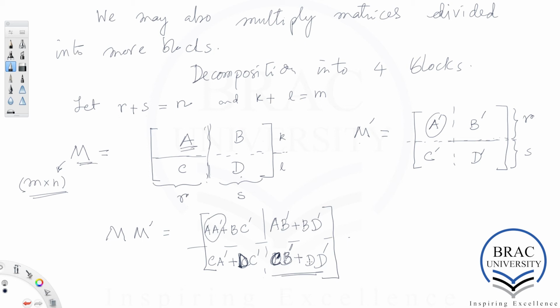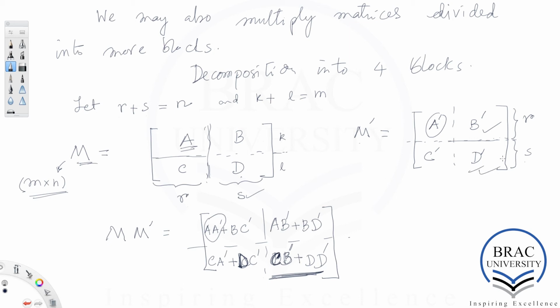Okay, so let's check that this makes sense because the number of columns of C is R, and the number of rows of B prime should be R as well, yes, and the number of columns of D is S, and the number of rows in D prime should be S as well.